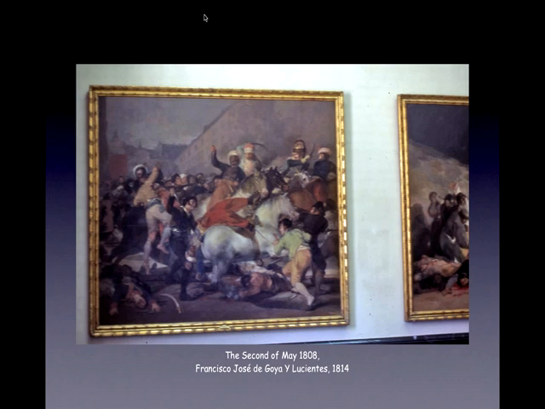The Spanish began a war of independence, which was to see thousands of people killed, and Goya documented the violent engagements in a series of paintings and prints, which have become rightly famous.